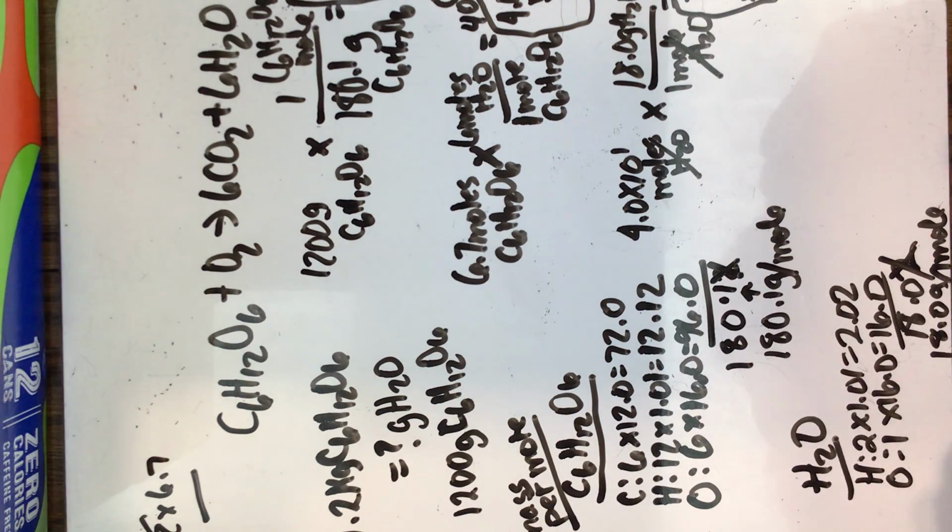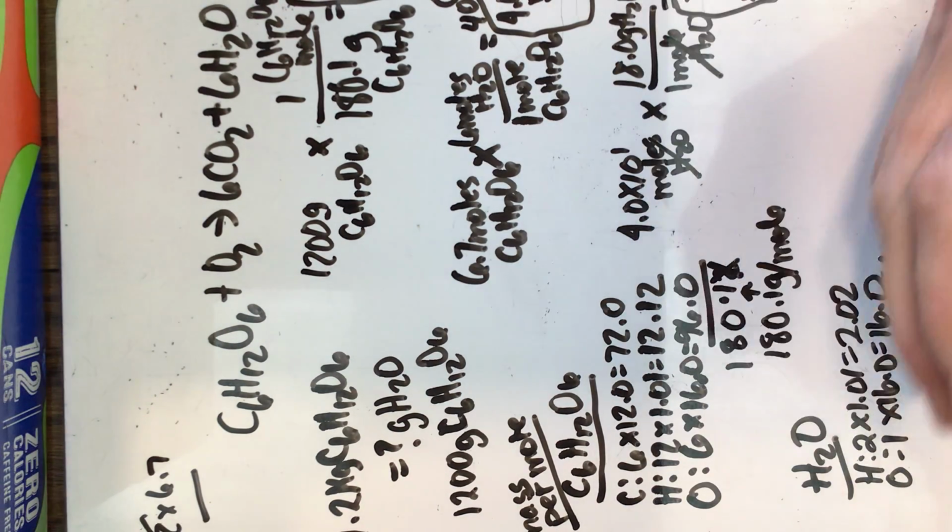So we're going to look at the second part of example 6-7. In 6-7, the second half, it's talking about these toxic acid spills.